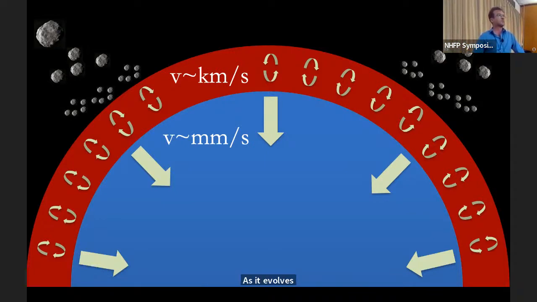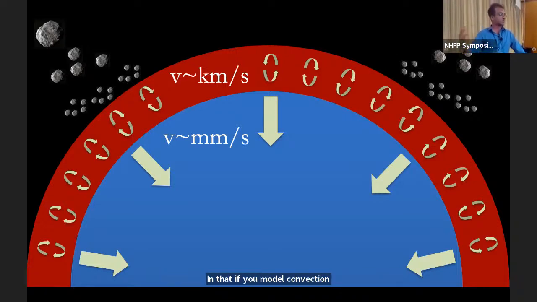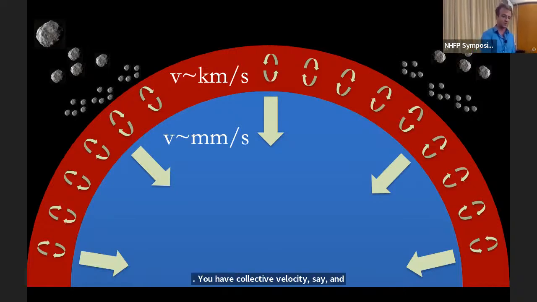There's a big discrepancy that's been present in 1D modeling of convection in all instances, in that if you model convection using mixing length theory, you have convective velocities of, say, kilometers per second, and the diffusion timescale is much, much shorter than that.